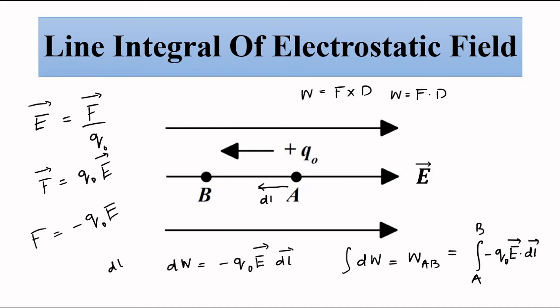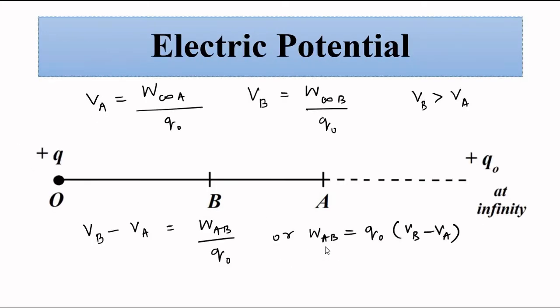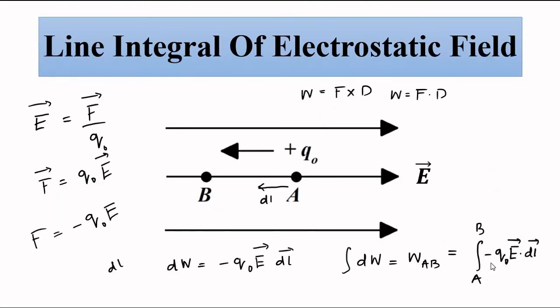Now if you just rewind, here we established a relationship WAB is equal to Q0 into (VB minus VA), and compare it with this, WAB is equal to the integral of minus Q0 E dl.